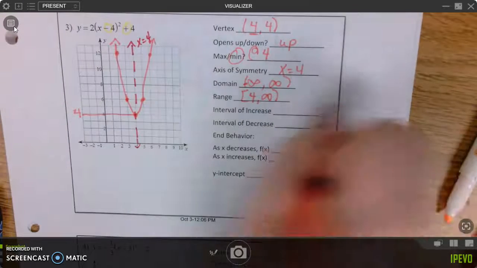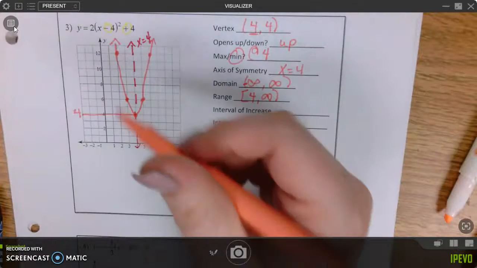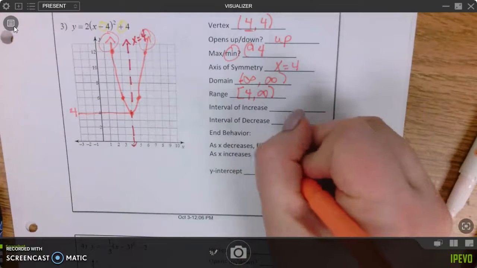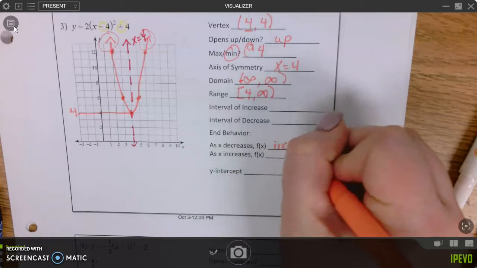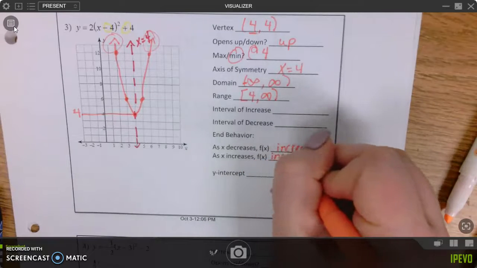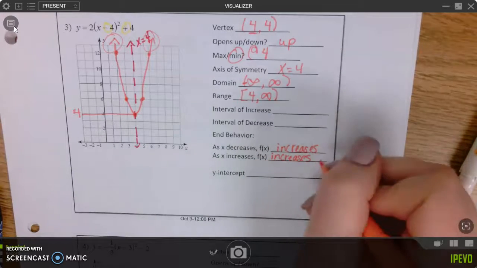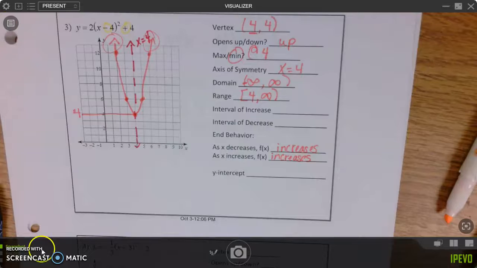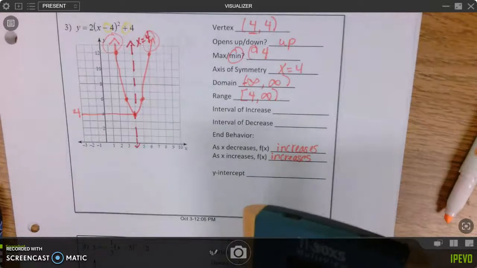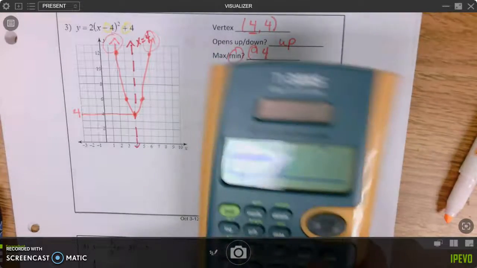And behavior, the ends of the graph are both pointing up, so they are both increases. And then your y-intercept is going to be at (0, 36).